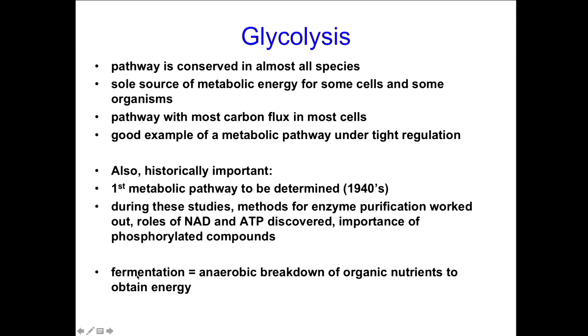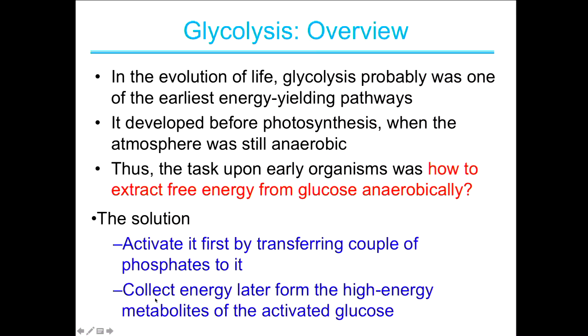So this is what we actually call a fermentation, like when you ferment foods. This is an anaerobic, no oxygen needed, breakdown of organic nutrients, in this case glucose. With other fermentations, like making sauerkraut or yogurt, it's an anaerobic breakdown of organic nutrients to obtain energy.